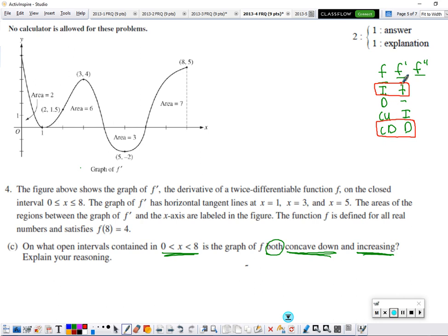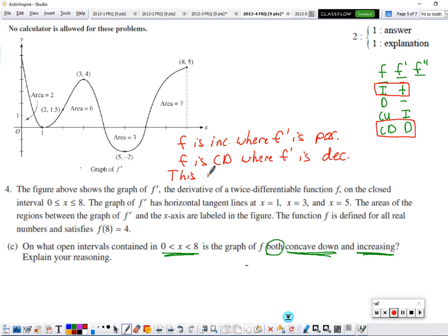So now I just need to write the words. So f is increasing where f prime is positive. f is concave down where f prime is decreasing.